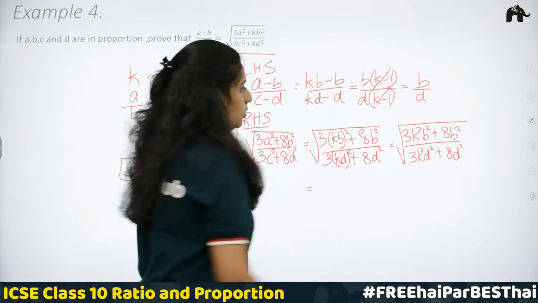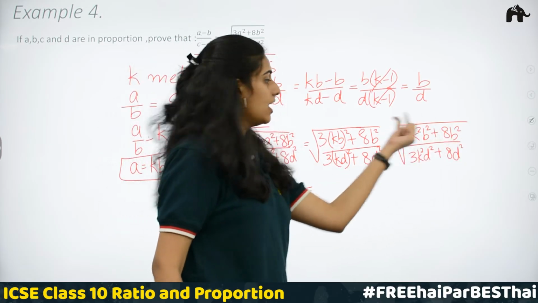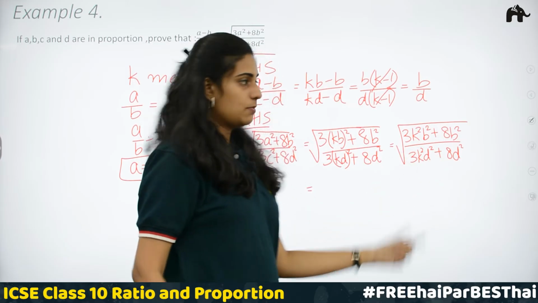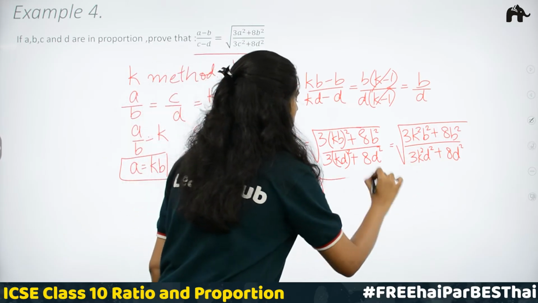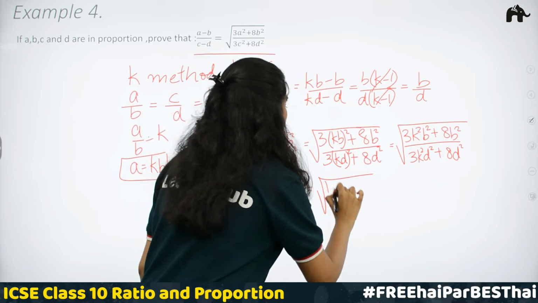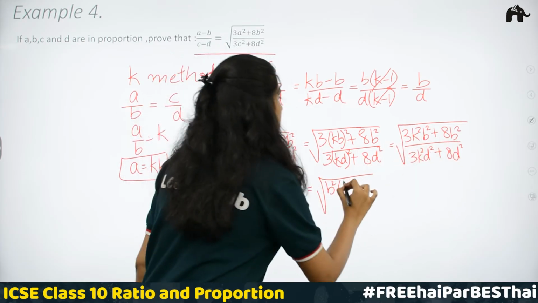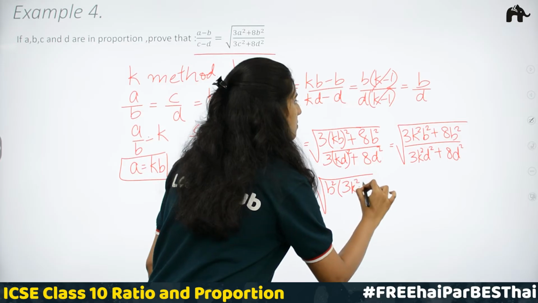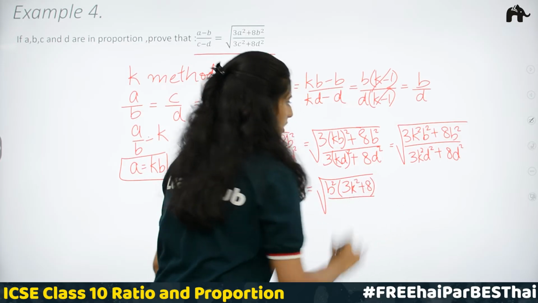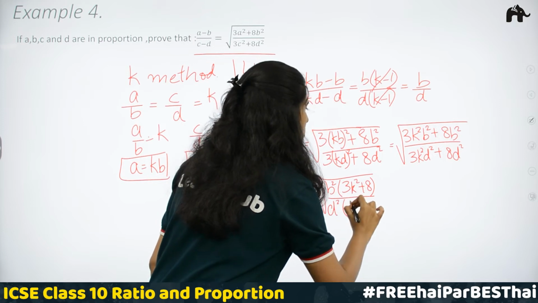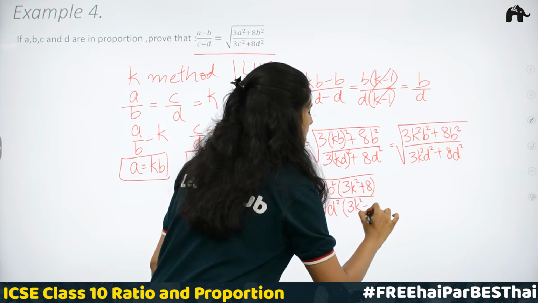B square is common, taking out B square, D square is common in the denominator, taking them out. We get root as it is, B square into remaining 3K square plus 8, divided by D square into 3K square plus 8.